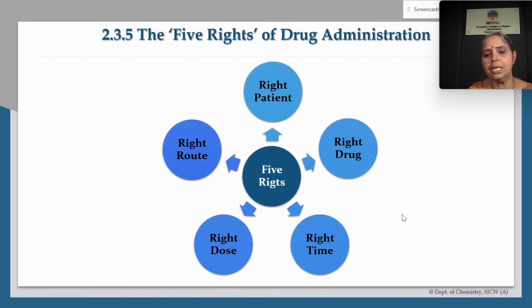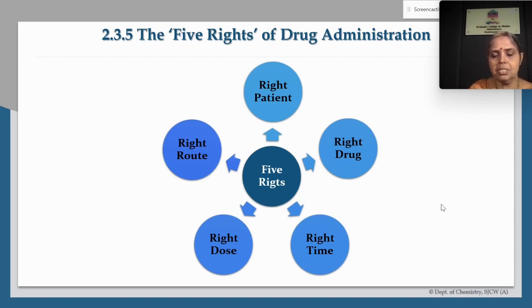We come to the last part of the chapter, the 5 rights for effective drug administration result. The effectiveness of drug administration depends on 5 rights. The right patient: the drug should be given to the right patient, the one who deserves it.